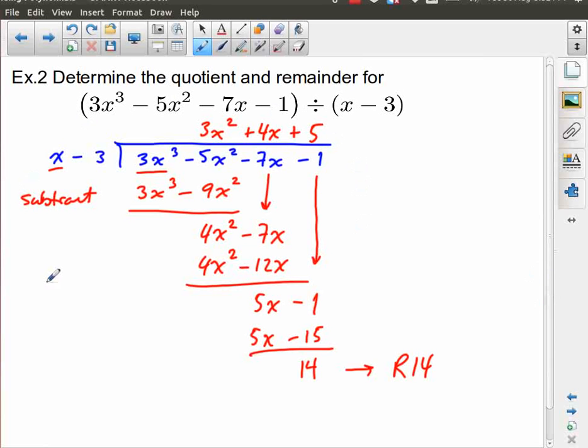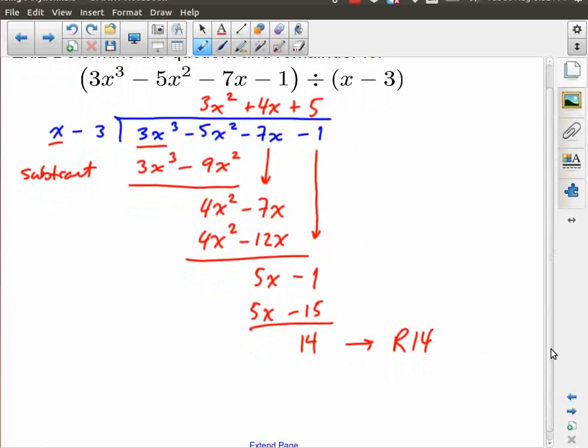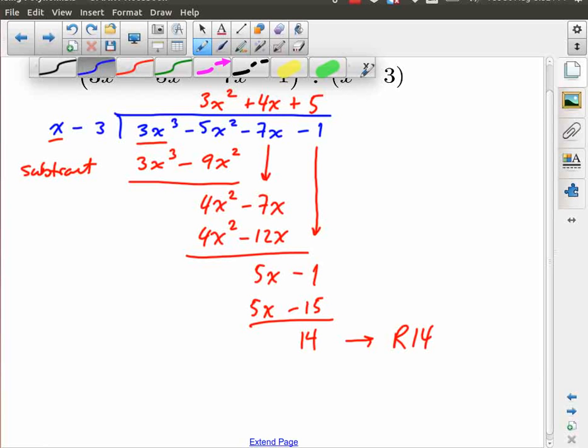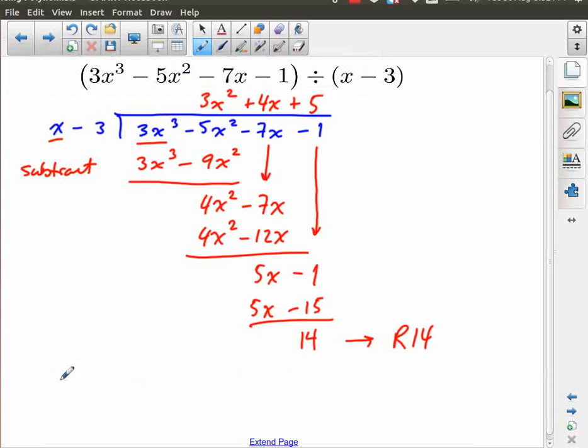Now, to put all of this into perspective, here's the mechanical part, but at least as important as this is to understand what this is really meaning. So I'm going to rewrite this. First of all, I'll write this division as a fraction: 3x cubed minus 5x squared minus 7x minus 1 divided by x minus 3.